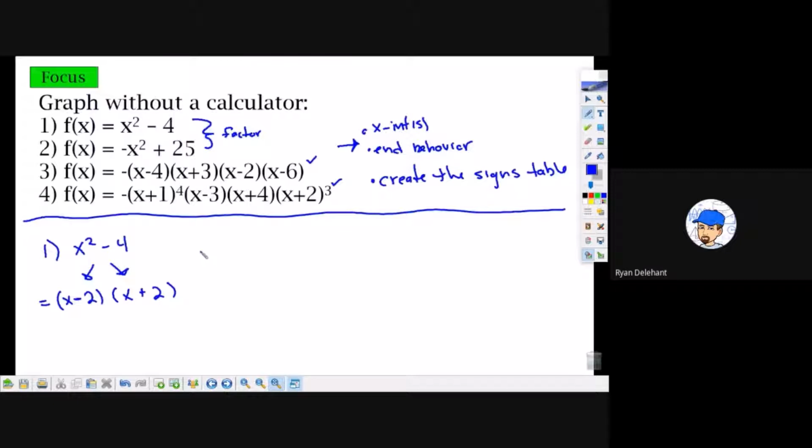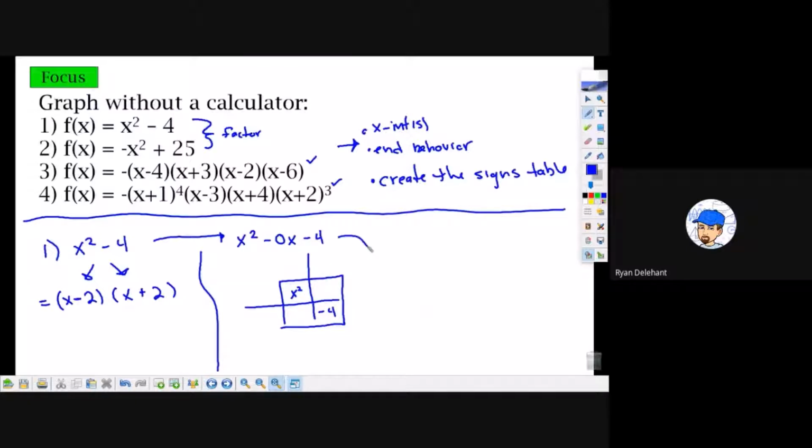Now just on a side note, say that you were to forget that rule. This factors just like every other one that we factored before, every quadratic. This is x squared minus 0x minus 4, meaning you could draw the box and factor this if you were to forget that rule. This is still x squared, this is still minus 4, but what we're looking for, we want the factors of 4 that subtract to give us 0.